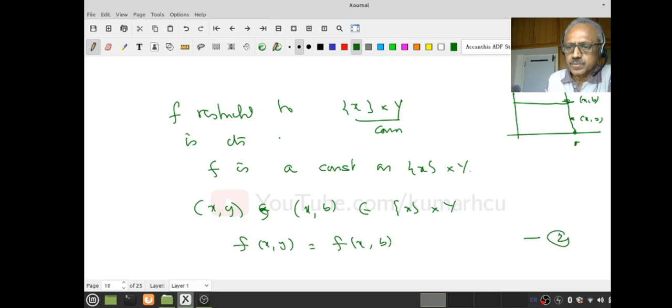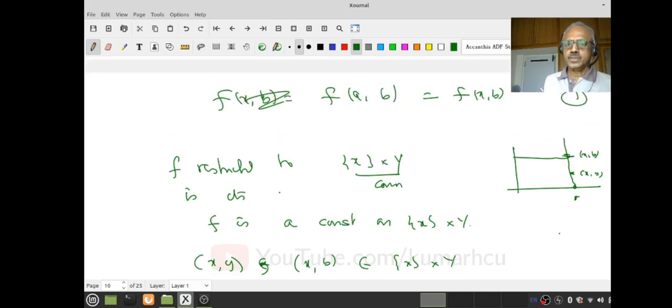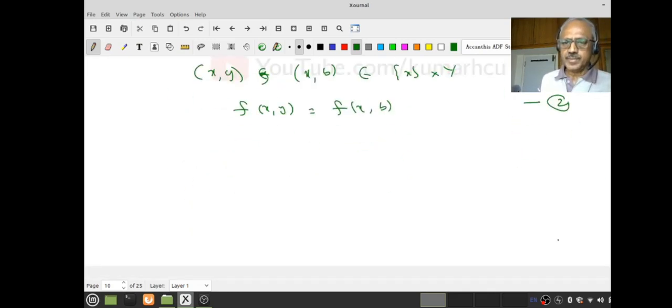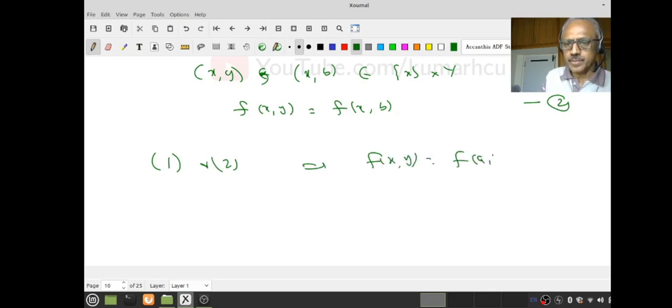Call this 2. Now let's look at 1 and 2. f(x, b) equals f(a, b), but f(x, b) equals f(x, y). Therefore 1 and 2 imply f(x, y) equals f(a, b).